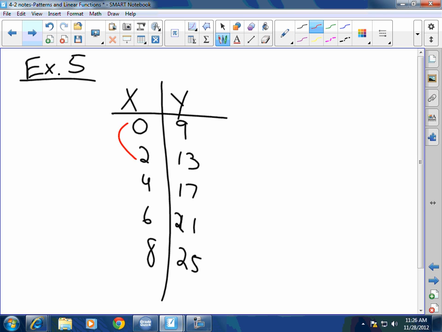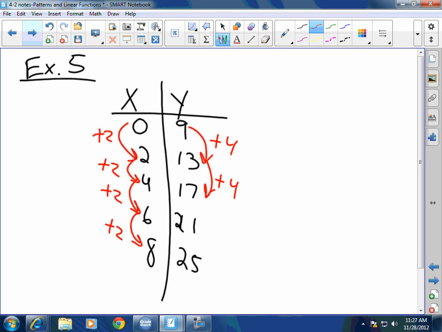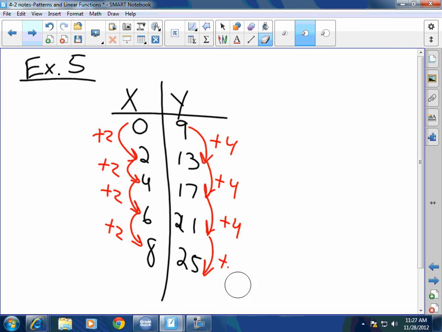What's the change from 0 to 2? 2 to 4? 4 to 6? 6 to 8? 9 to 13? 13 to 17? 17 to 21? 21 to 25? Is this linear?